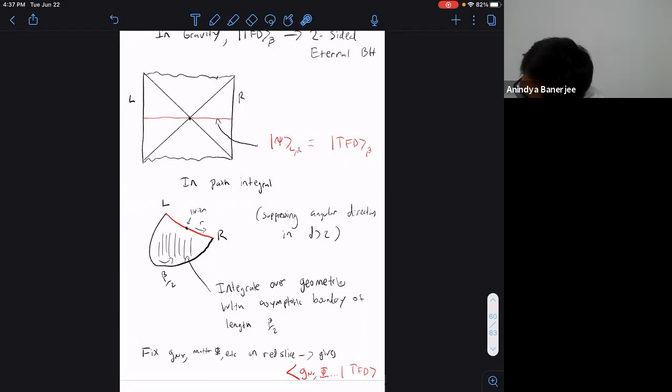Here, this red slice is supposed to be the spatial slice of the thermal field double, and my claim is that if you fix the values of the fields on this red slice and integrate over all things here with this asymptotic boundary length beta over 2, this gives the wave function for this black hole.